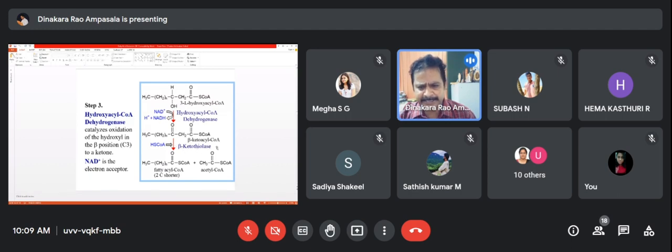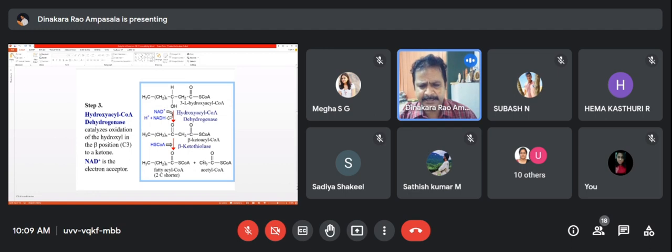Okay, so next, beta-ketothiolase, which esterifies the thiol group of the acyl-CoA molecule here. So it breaks the carbon-carbon bond between the alpha and beta carbon, and coenzyme A will be acylated here.